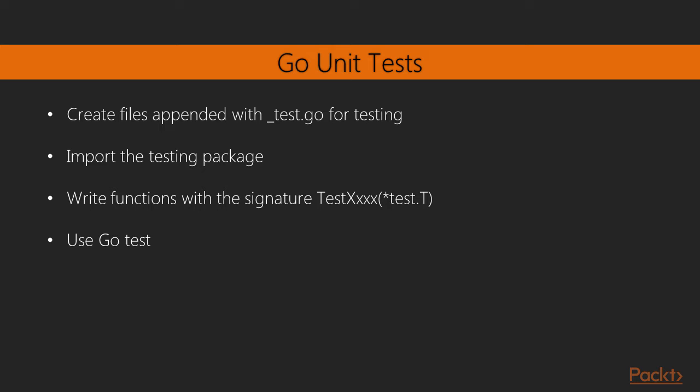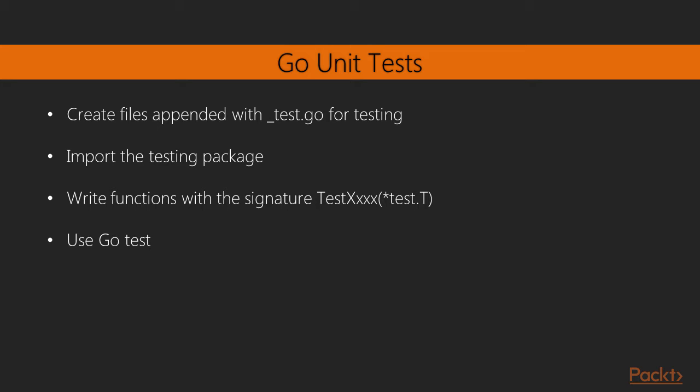First, we create testing files by creating a new file, then appending _test.go at the end of its name. Go tools will identify this file to be exclusively for unit tests and will not build or execute it unless you require tests to be run.